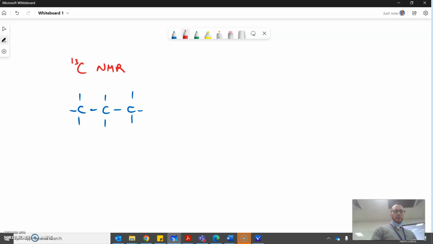Okay, propane, we notice we've got symmetry down the middle. So we have a CH3 environment and a CH2 environment.